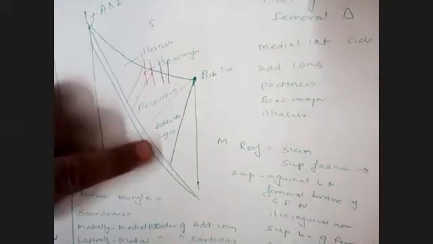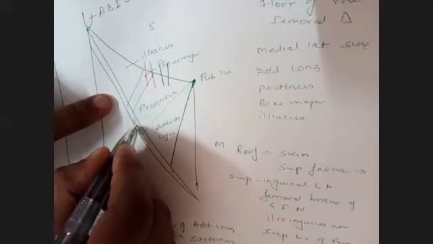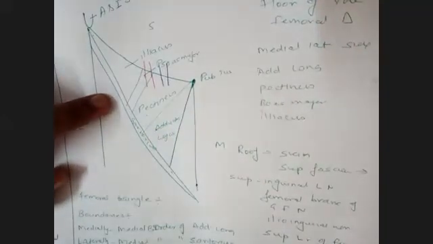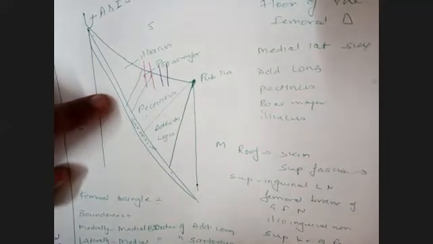From there, going like this, is the muscle called sartorius. Sartor means a tailor, so this muscle helps in tailoring action.